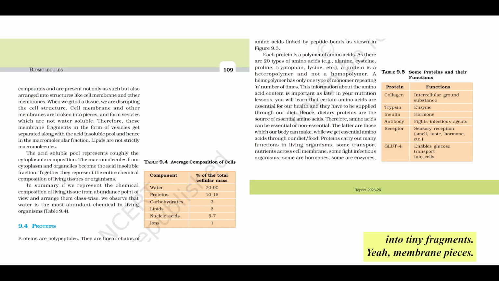Yeah, membrane pieces. Now, what happens to these little pieces of oily, fatty membrane when they're suspended in the watery trichloroacetic acid solution? Do they dissolve? No, oil and water don't mix. They stay separate. Exactly. They don't dissolve. Instead, these broken membrane fragments tend to spontaneously form small, closed, insoluble structures called vesicles, little bubbles of membrane.